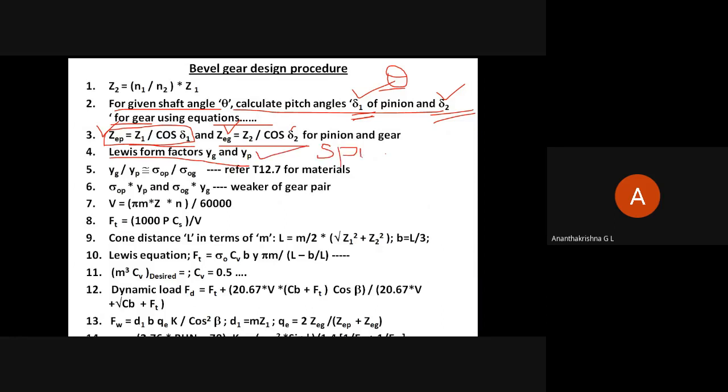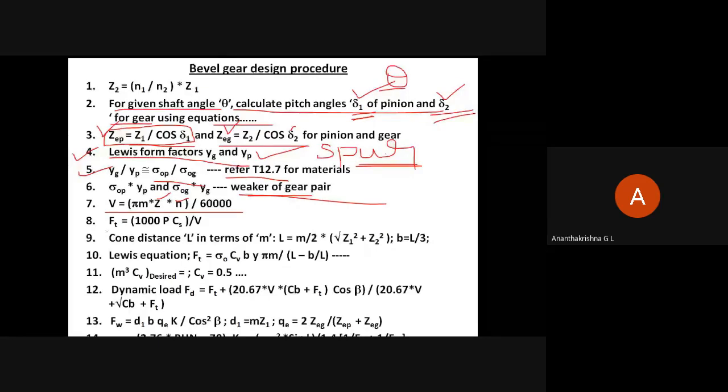Then ratio of YG by YP, and take materials, refer table 12.7 for materials. Then find out weaker of the gear pair. Then find out surface velocity for weaker using Z1 and N1 of the weaker of the gear pair. Then calculate tangential tooth load.